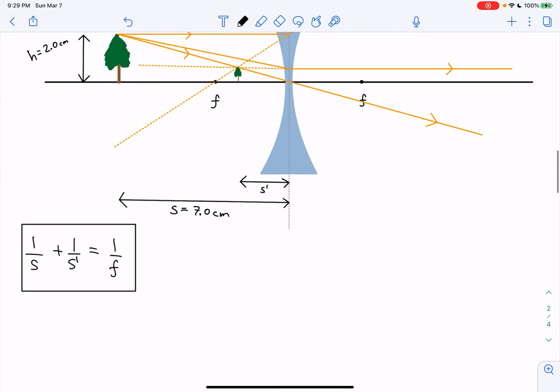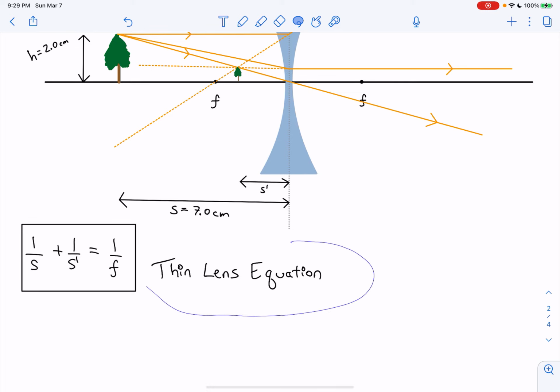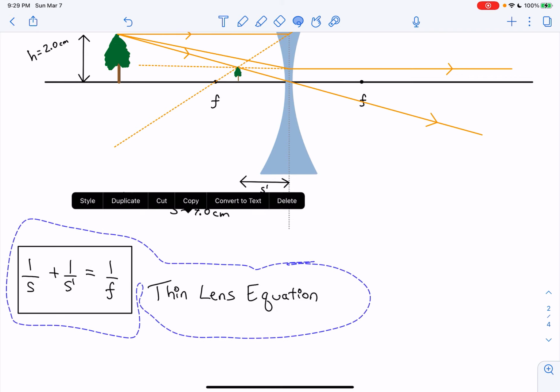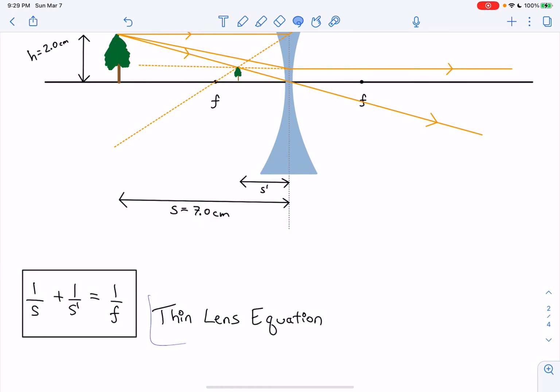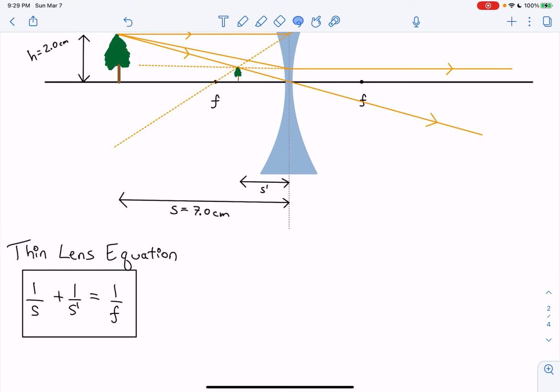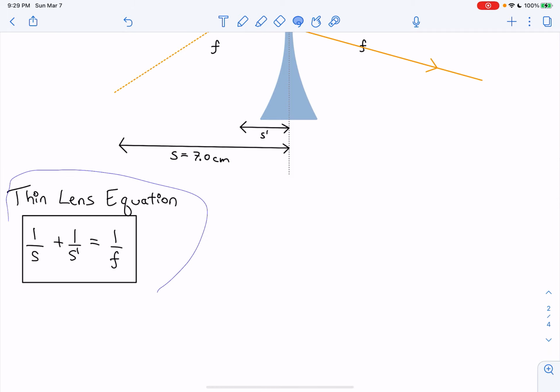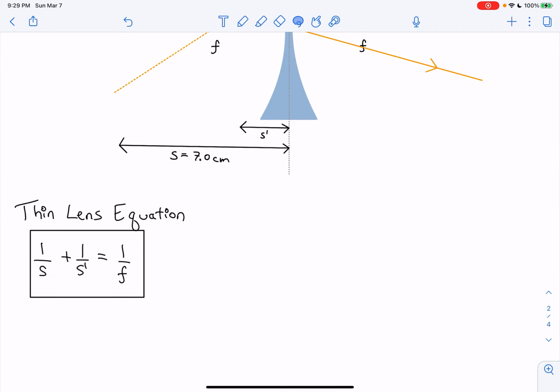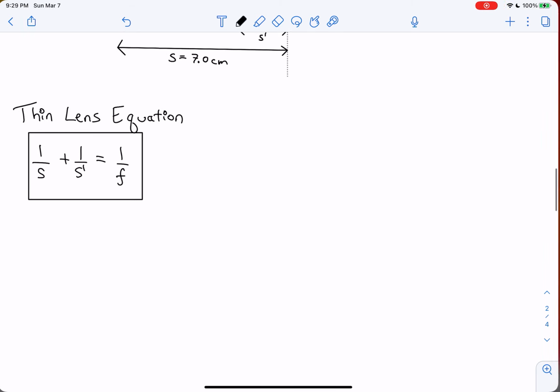Okay. And so this is the thin lens equation. Maybe I'll drop this down just a little bit more. All right, so if we want to apply this, we can isolate for s primed.